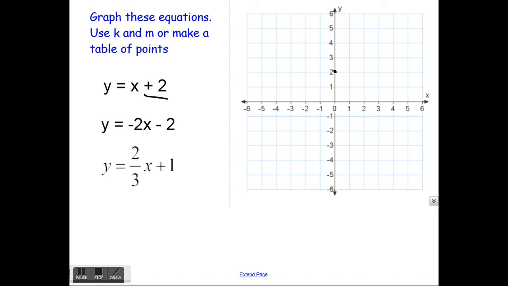Done. Now if you want to find your second point, you look at the slope, or gradient of your line. So if there's nothing in front of x, if x is by itself, the slope is understood to be 1. Right? Makes sense? There's usually a 1 in front of there.